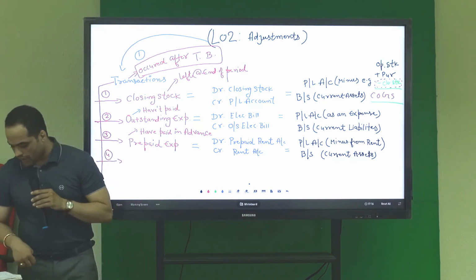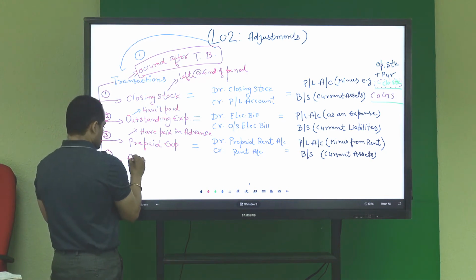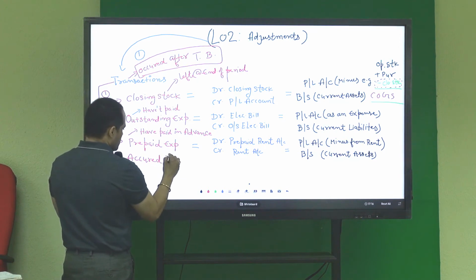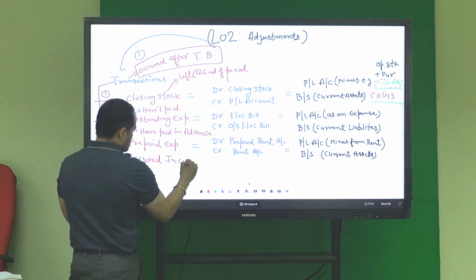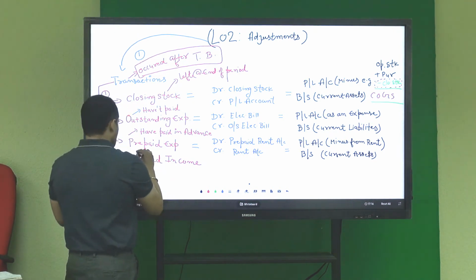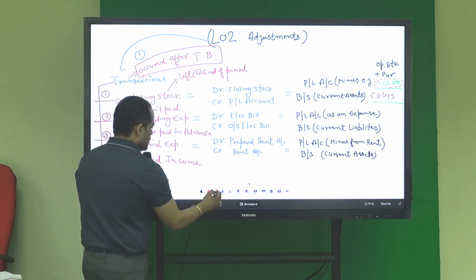Next one is accrued interest. Accrued income, sorry. Now, what does accrued income mean?